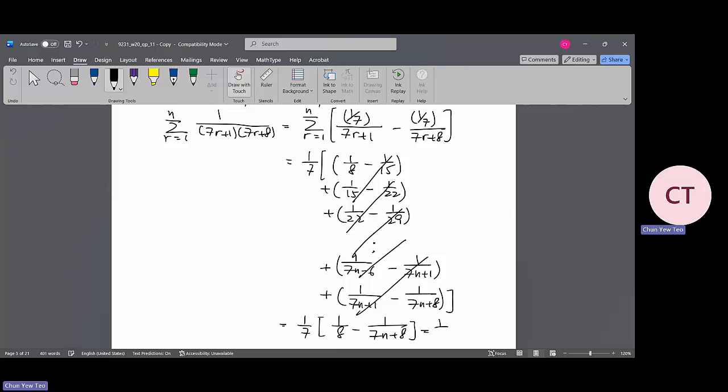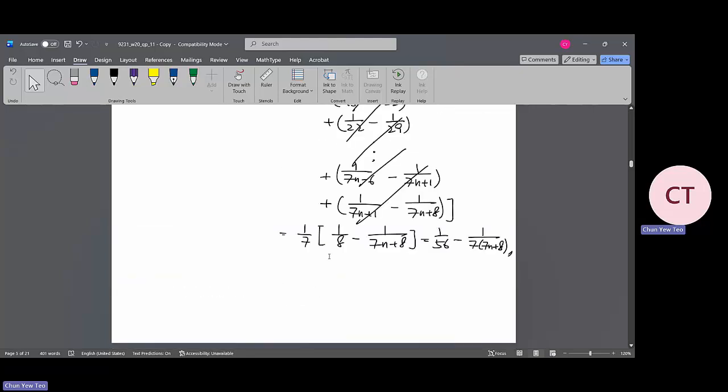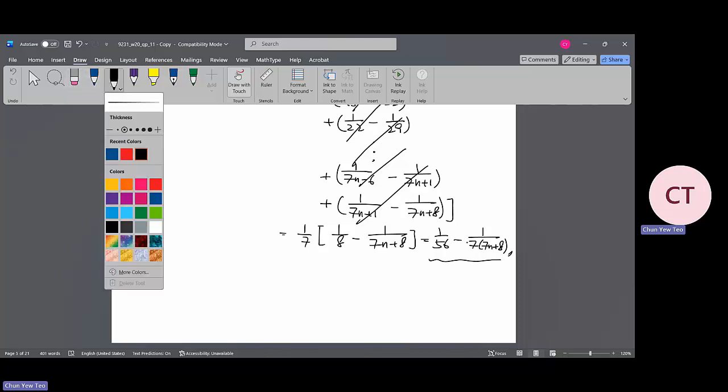Simplify it, you get 1/56 minus 1 over 7 times 7n plus 8. There's no need to combine them into one fraction because the question does not require it, so I'll just leave the answer like this.